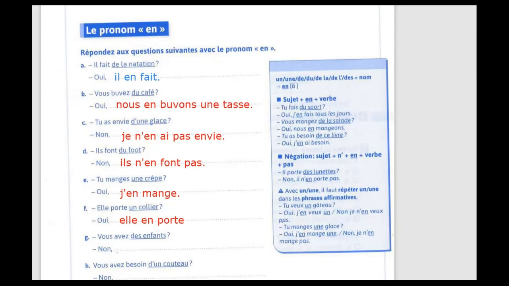Non, nous n'en avons pas. Nous n'en avons pas. Okay. Actually, in B1 you may feel we do not use this ne in our spoken French. So it's like bah non, nous en avons pas. So that becomes easy, no? Nous en avons pas.